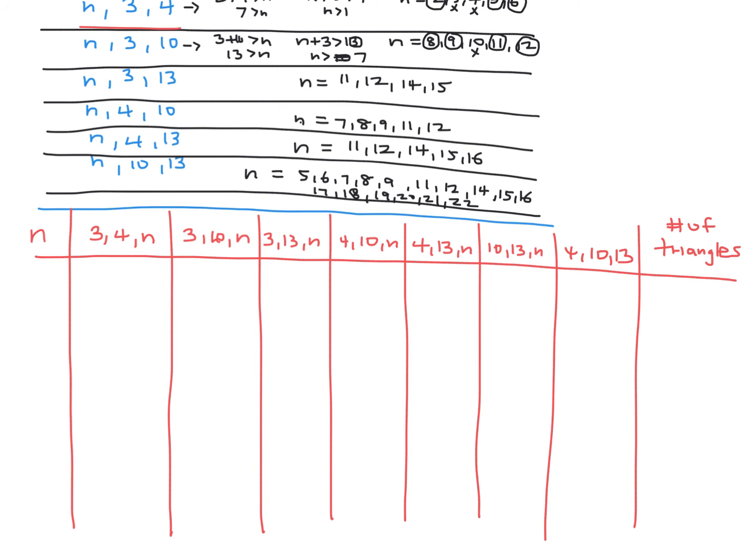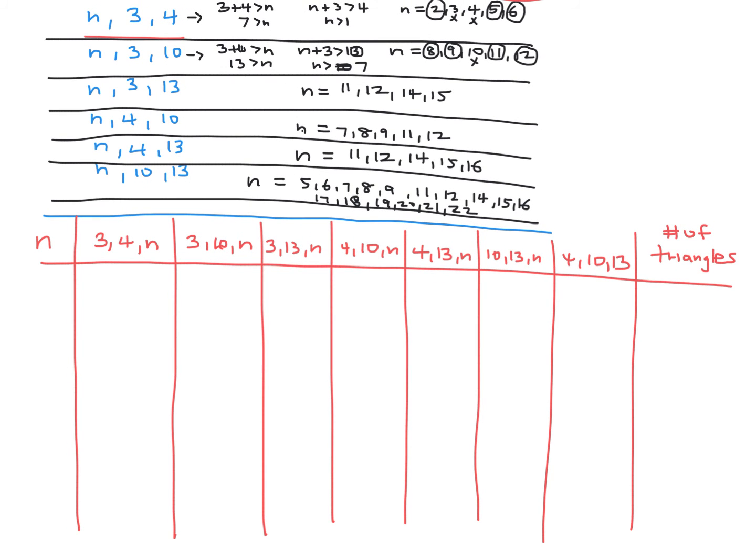And the n's vary anywhere from, I believe, 2 all the way until 22. 2 is the smallest, and 22 is the biggest. Of course, we're omitting values 3, 4, 10, and 13 because those have already been included and cannot be repeated.